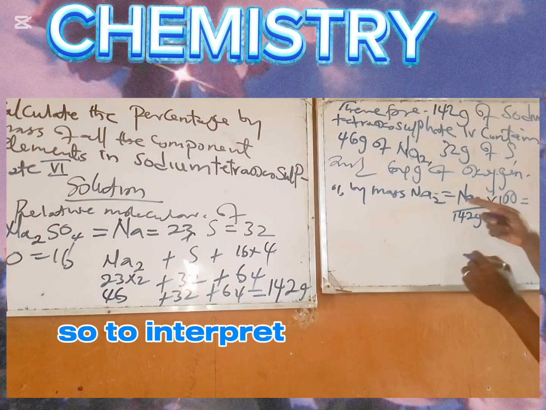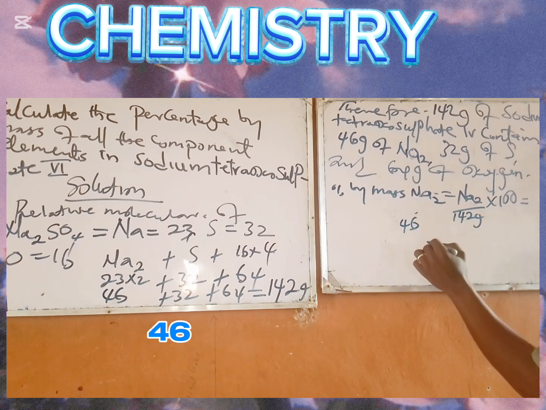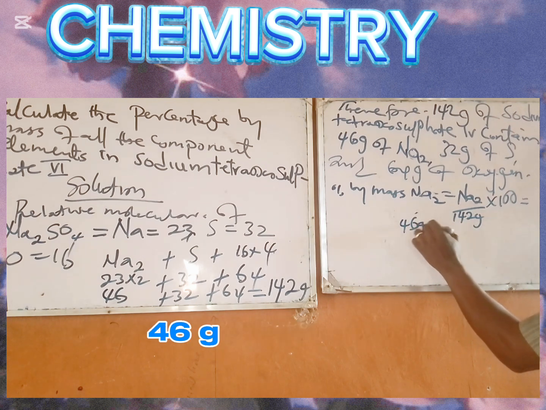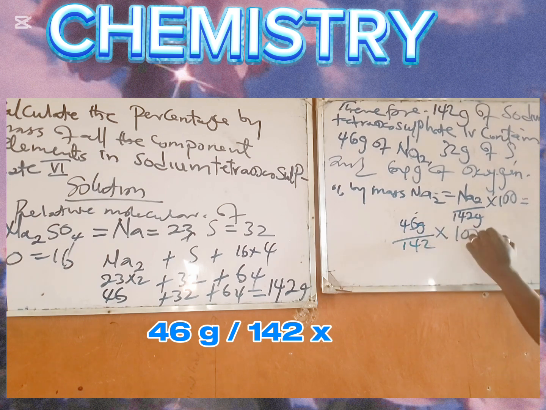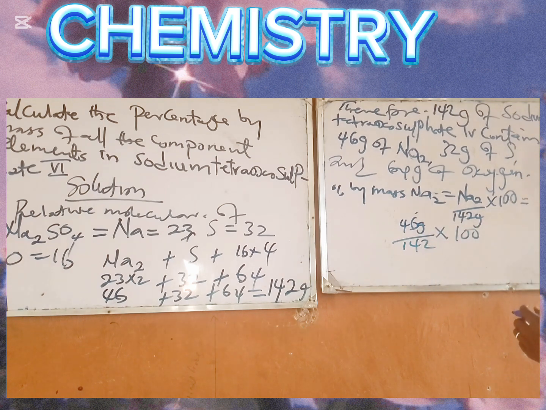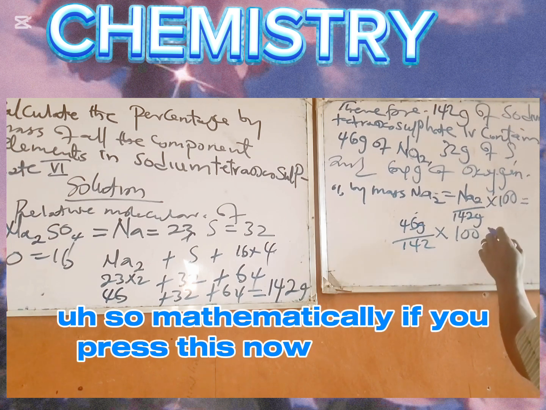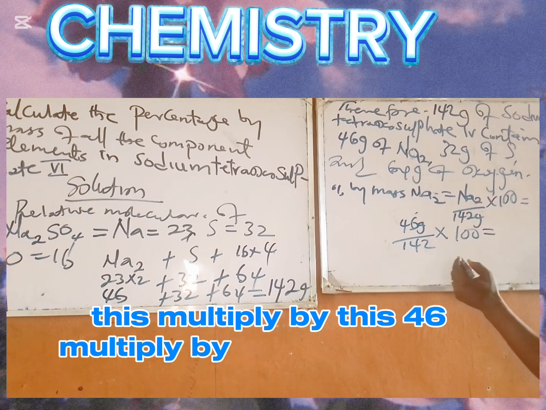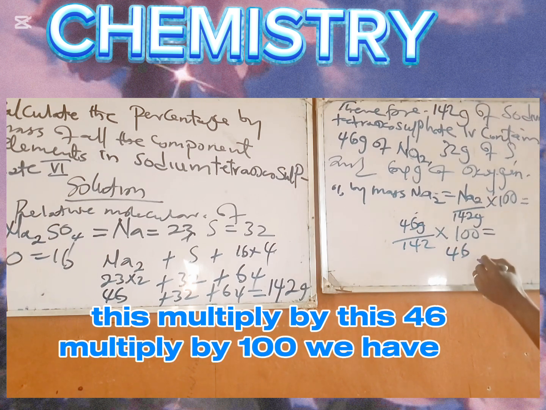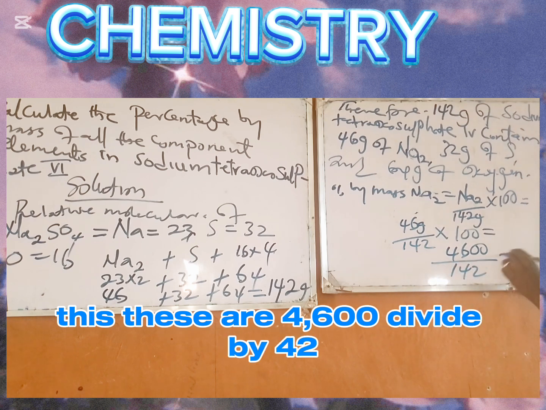Na2 is 46 gram over 142. Then when we multiply by 100, mathematically, 46 multiplied by 100, we have 4,600 divided by 142.